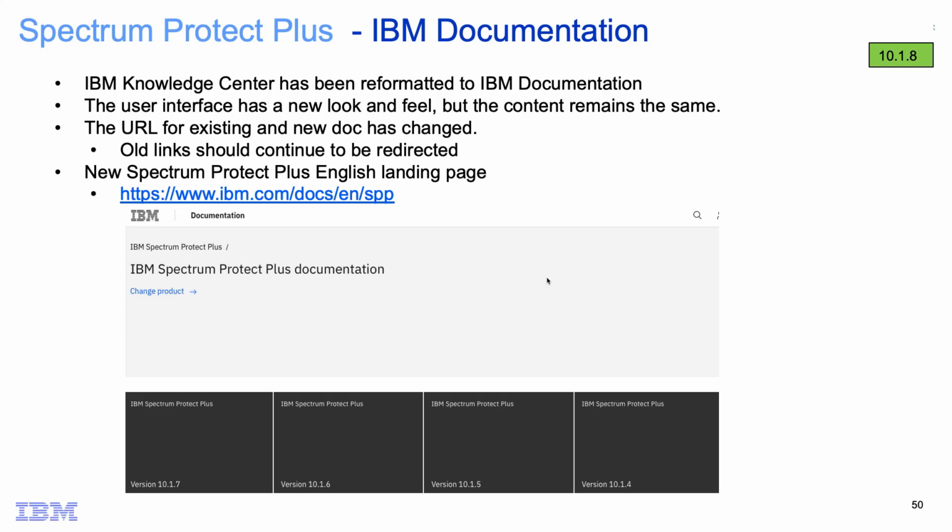If you have KC links saved, they should still work and will be redirected to the IBM Documentation website. But from now on, you will be directed to this website, and here you can see the link for Spectrum Protect Plus and it allows you to choose the particular version.